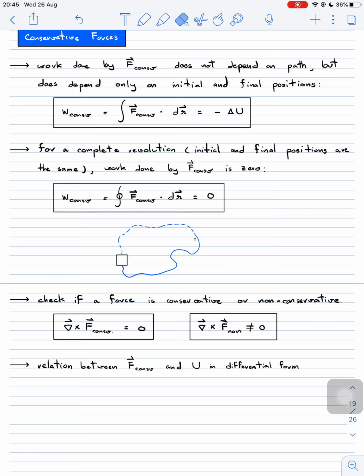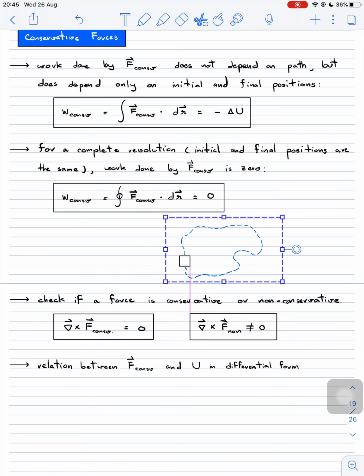It means that the work done by this conservative force must be equal to zero, because the initial and final positions are the same, so delta U must be equal to zero. That's why we can write this integration to be something like this.